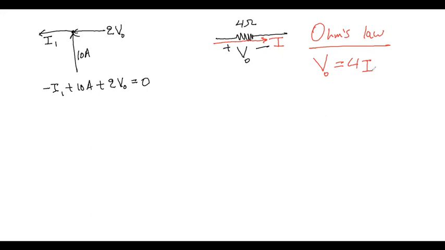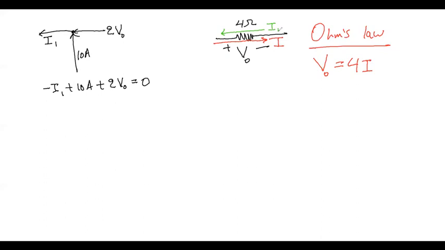But our goal is to find the relation between I1 and V0. So what is the relation between I and I1? I1 is the current that goes this way. They are both just labeled currents through the 4 ohm resistor, but in opposite directions.